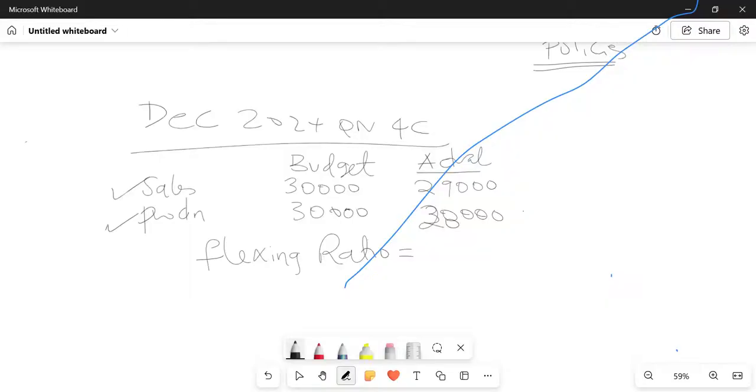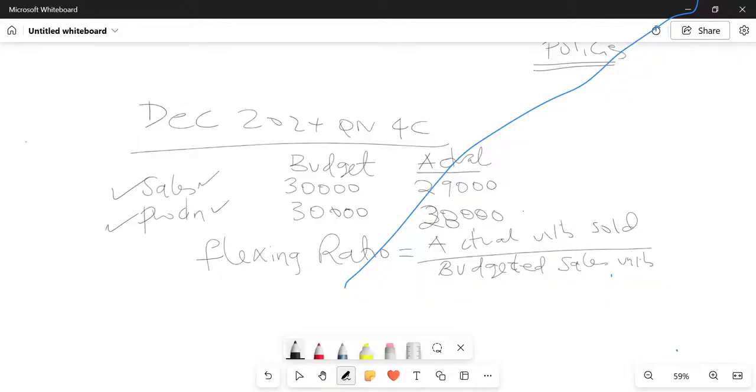Whenever they give us the two, always remember that the flexing ratio formula changes a little bit. So you talk over actual units sold, all over budgeted sales units. So basically you use sales. With your production, you'll be building what we call inventory.